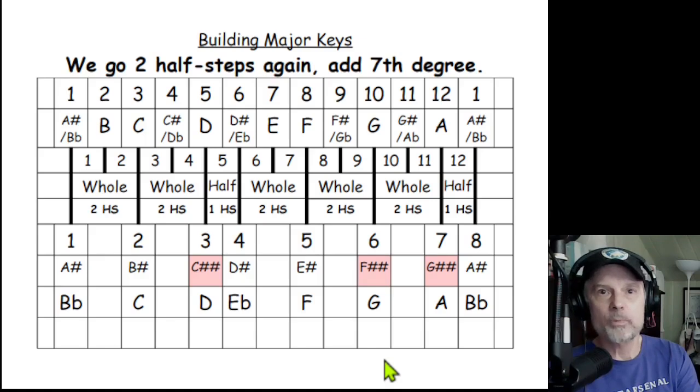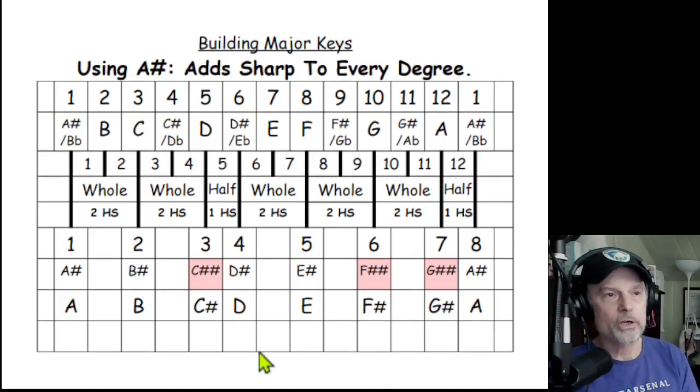So I'd like to point out the similarity with the key of A. Notice that we have C double sharp, F double sharp, G double sharp, and the key of A has a C sharp, F sharp, G sharp. So all we've done is added a sharp in front of every single letter of the key of A. So we don't use A sharp as a key name.